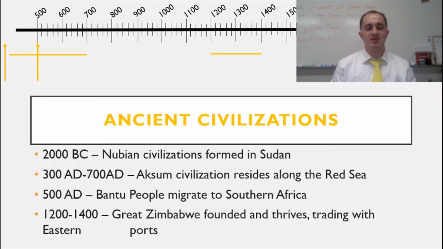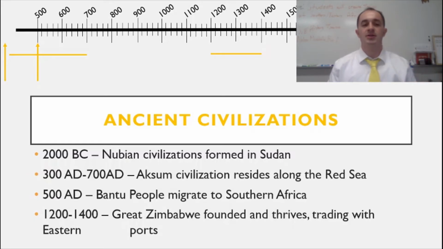we have the Nubian civilizations formed in Sudan. So 2000 BC is 4,000 years ago because we have to go back 2000 to 0 and then back another 2000 for BC, because BC stands for before Christ or before Common Era. So it goes all the way back to 0 and then back another 2,000 years.